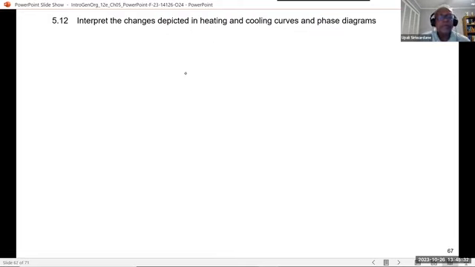We're going to look into phase diagrams. Phase diagrams summarize a lot of information, more than cooling and heating curves. They are more detailed.